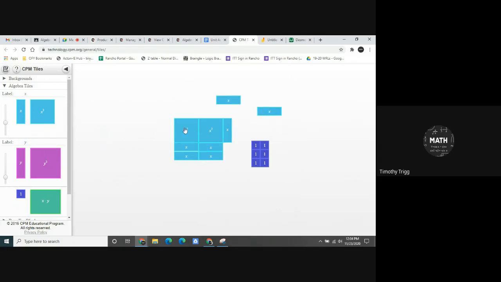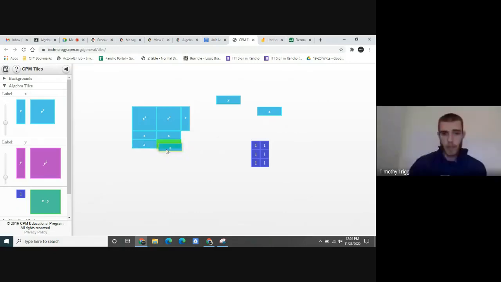Okay. So I've got 2x squareds. Now the x squareds, when building a rectangle, are always going to go next to each other. And then the x's are always going to go either along the side or along the bottom to try to make this rectangle. Okay, so I'm just kind of thinking, how is this going to work?